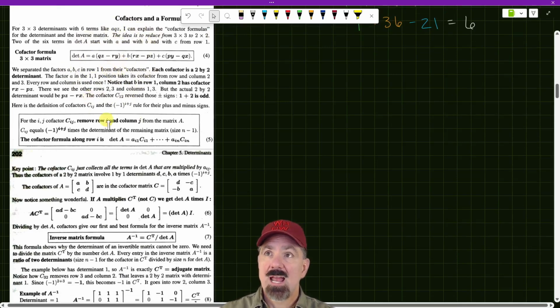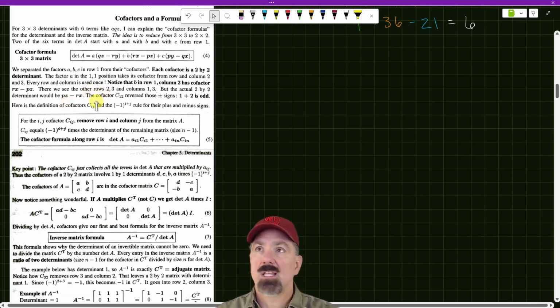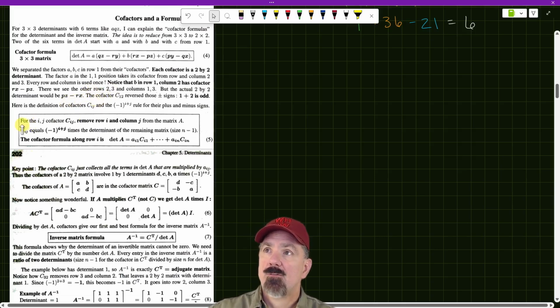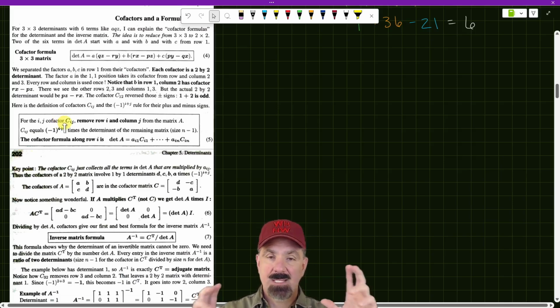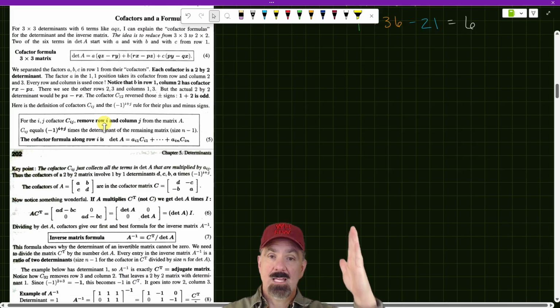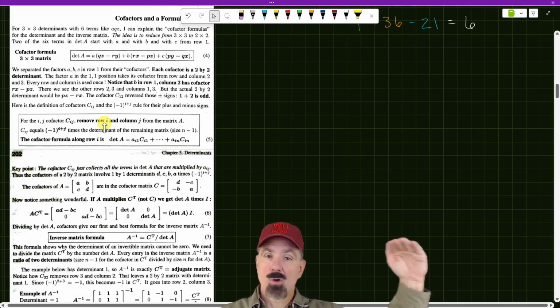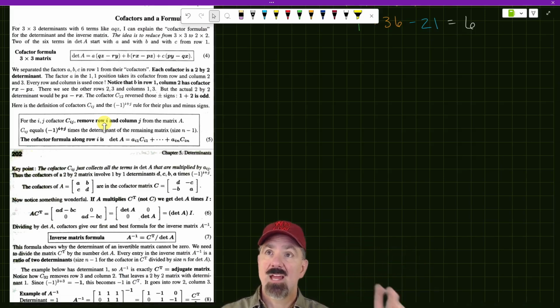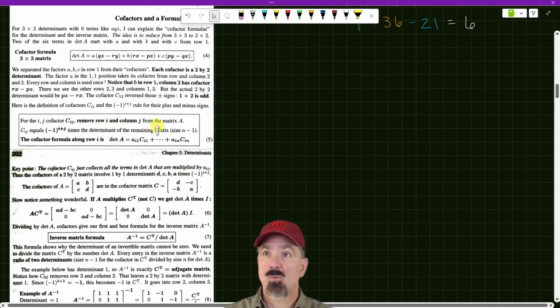That's important. And now let's just talk about what the cofactors actually are. And you'll see that we just finished calculating some of them. So for the ij cofactor, and the way we designate that is with the C sub ij. So that particular cofactor is created by removing the jth column and the ith row, just as we demonstrated, and then taking the determinant of what's left.